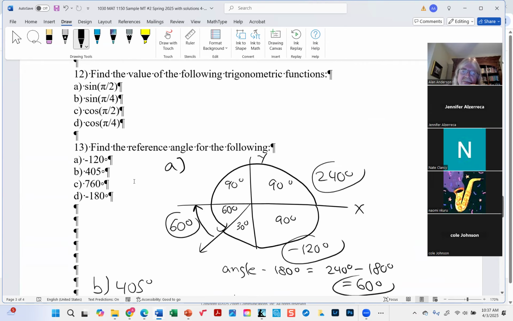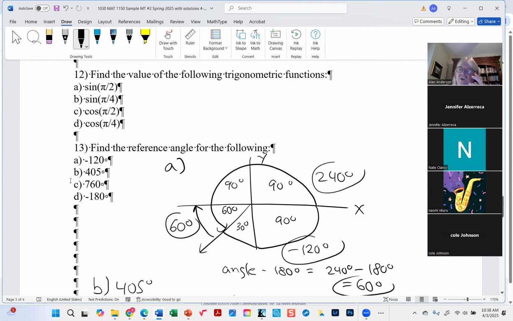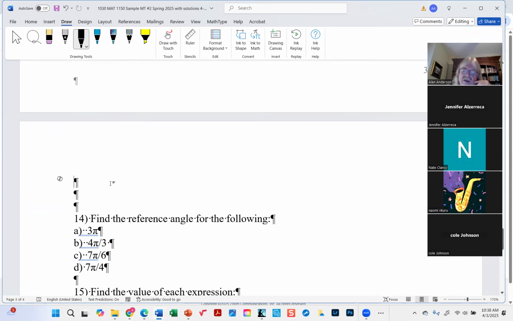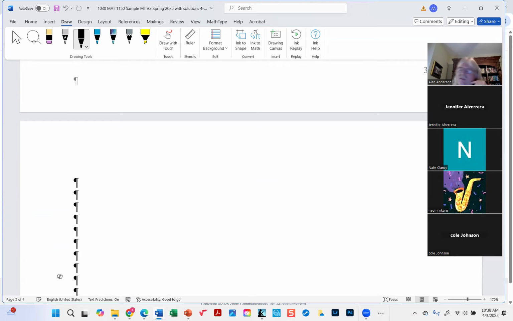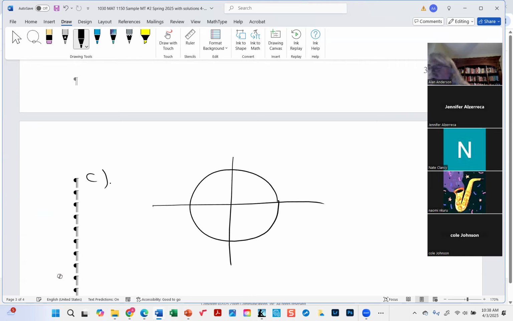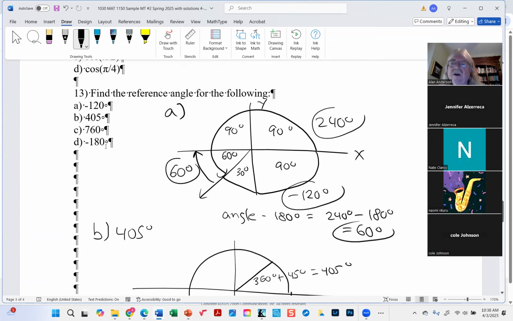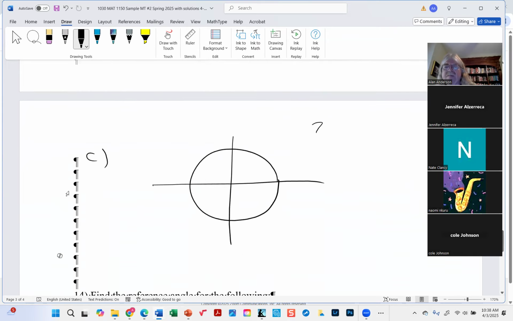All right, now you've got the same setup with part C. In fact, this one is larger than 720, which is 2 full circles. So this one needs to really cut loose. I guess you could think of it as going around the circle twice, looking for some address or other. So we went around not just once, but 2 times. Okay, and you can tell because this number is greater than 720.